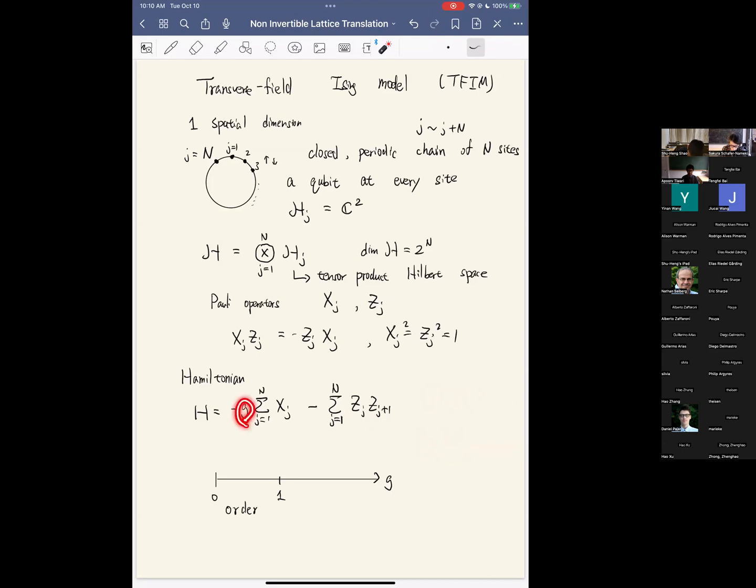In the opposite limit, when g is very large, then you want the eigenvalue of X to be plus 1. That's the disordered phase. But here, the symmetry is spontaneously broken. Right at the critical point where g is 1, in the thermodynamic limit, it becomes the Ising CFT.